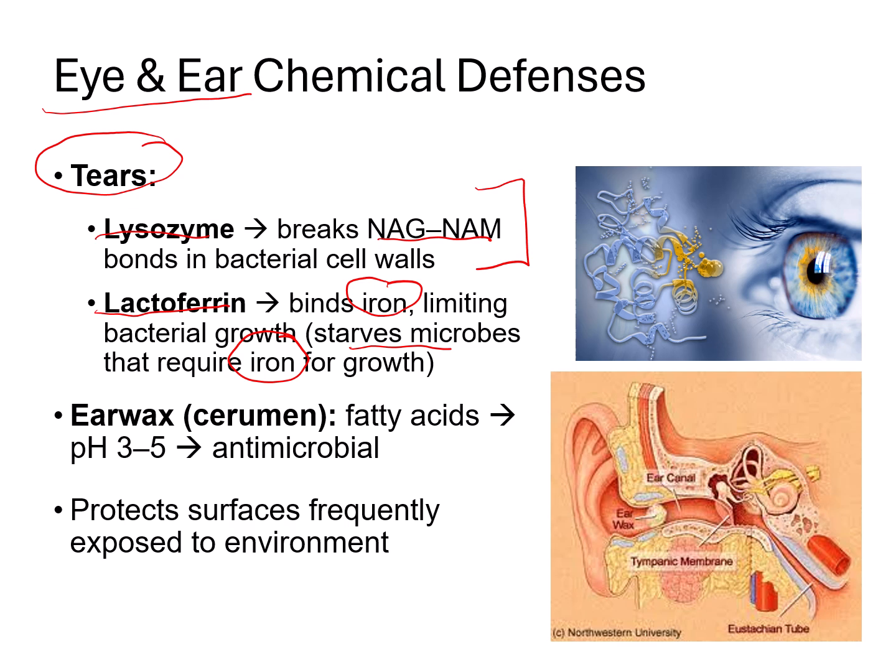Within the ear, we have earwax, also known as cerumen, and earwax contains fatty acids, which lower the pH of the environment, helping to inhibit pathogens. So both tears and earwax protect these surfaces that are frequently exposed to the environment.